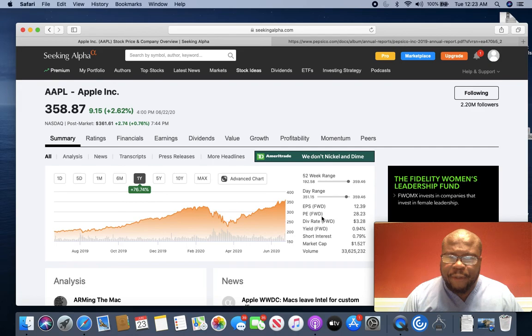So even though it's more than twice the price of Pepsi at $131, it's only a little more expensive, if you'll use that term, because the PE ratio of Apple is 28, and the PE ratio of Pepsi is 24.